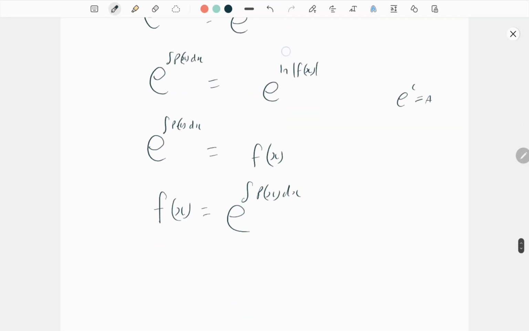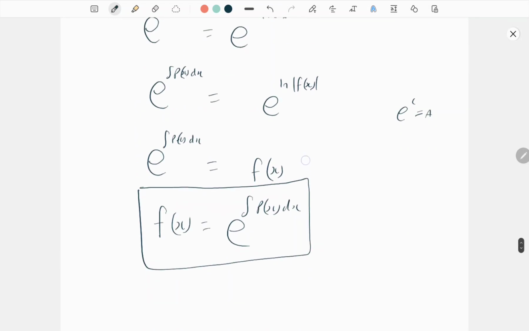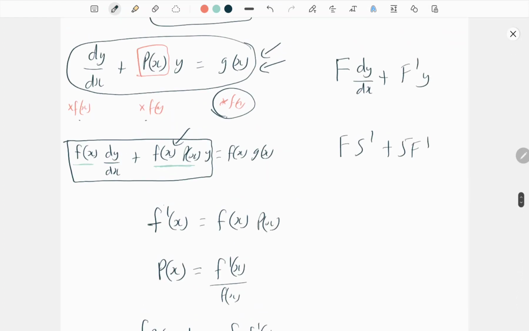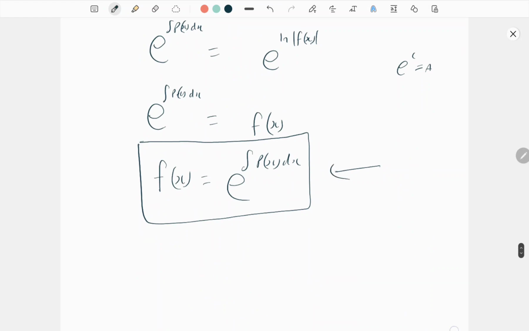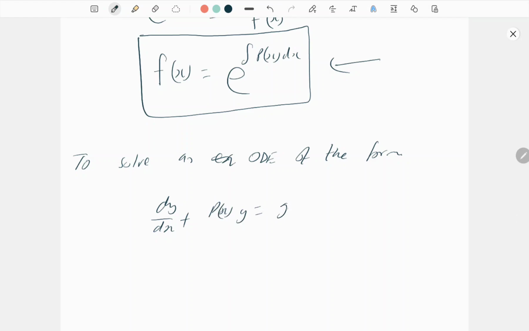So now the suitable function that you multiply by to make any first order differential equation of this form into the correct form to solve it is this. And this is known as the integrating factor. So let's write that down more formally. To solve an equation, or ODE, of the form dy by dx plus p of x y equals g x.